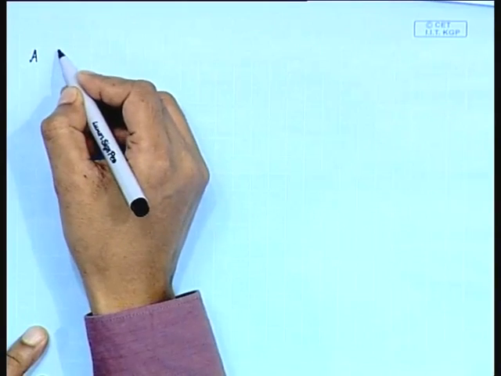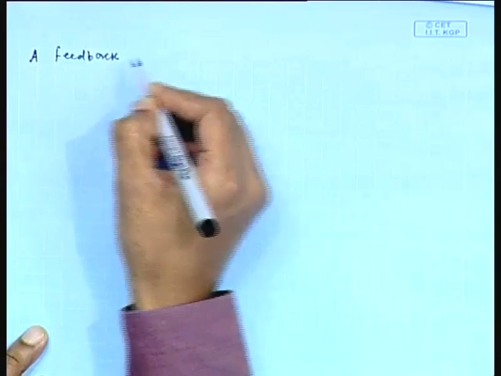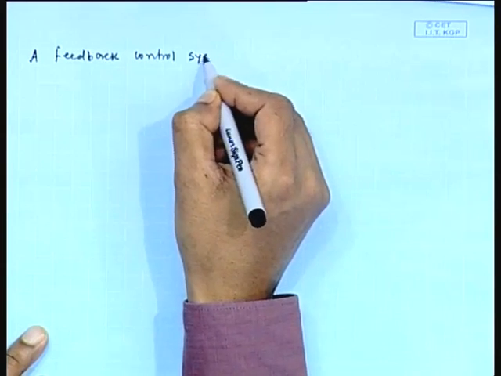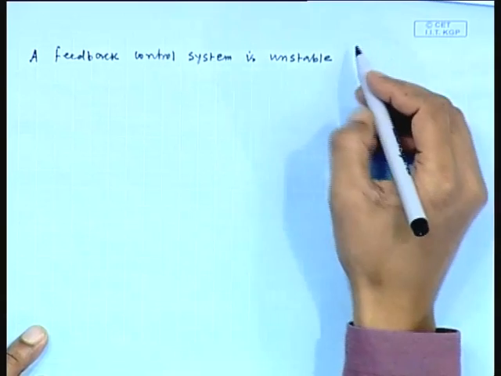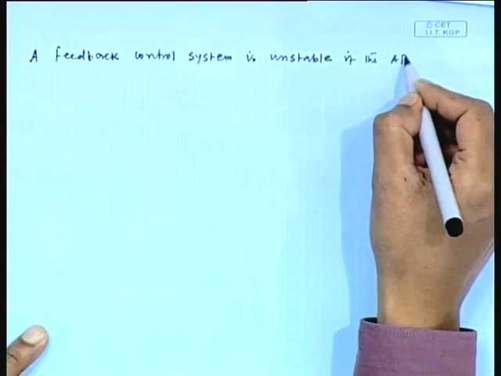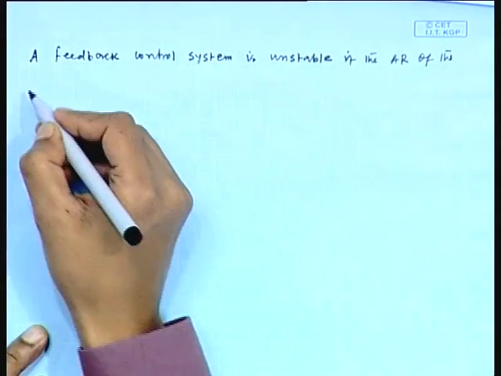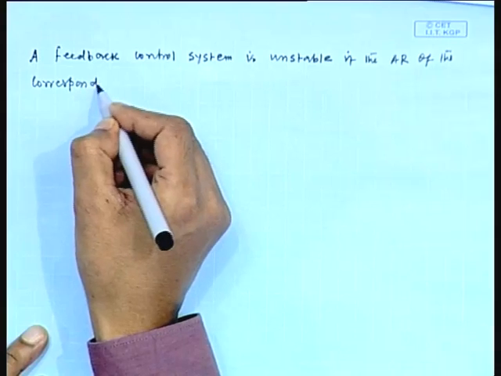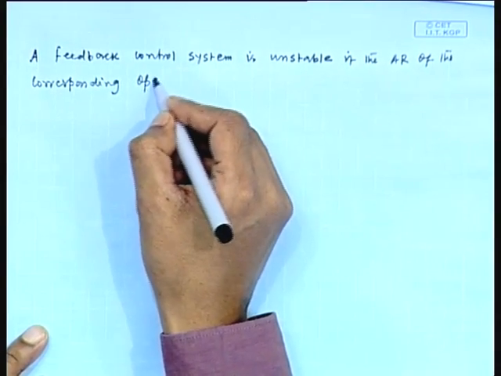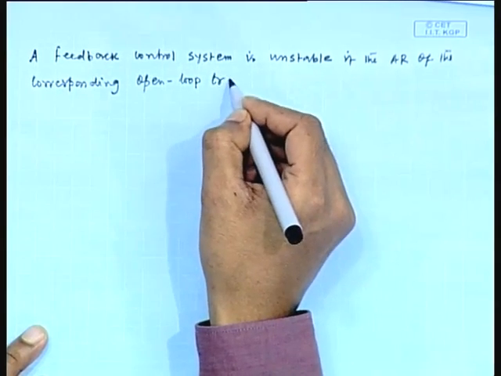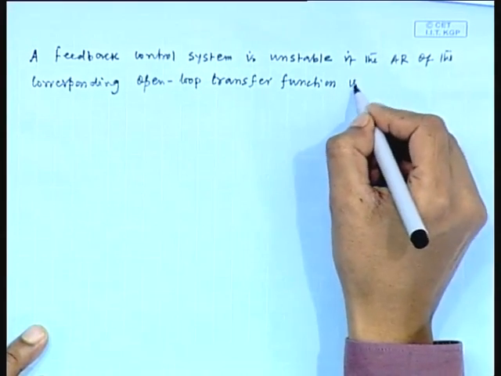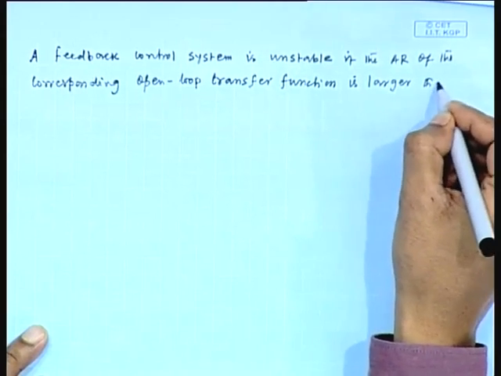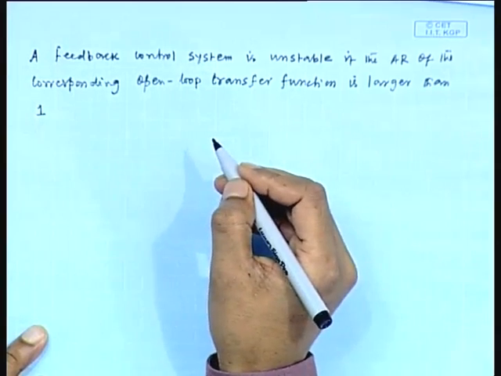Bode stability criteria is stated as: a feedback control system is unstable if the amplitude ratio of the corresponding open loop transfer function is larger than 1 at the crossover frequency.